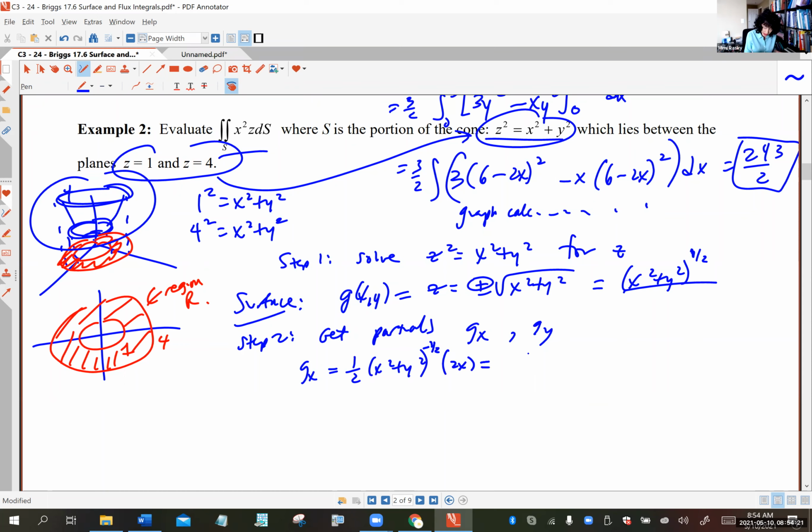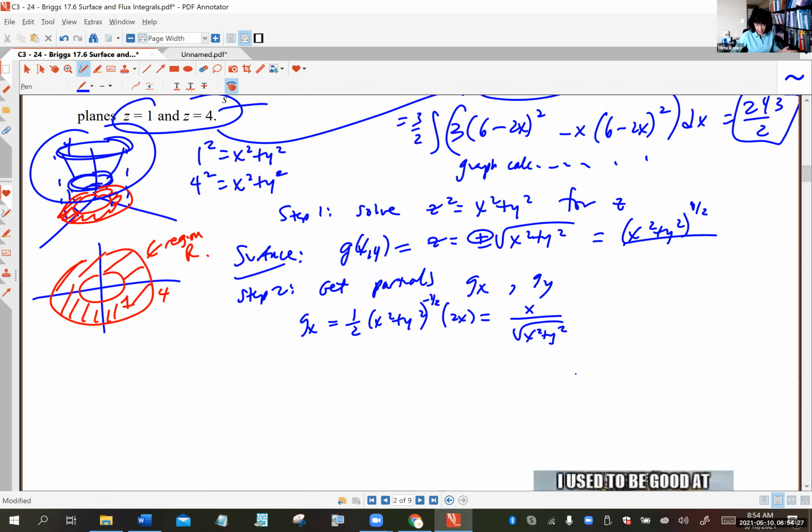And when I rewrite it and simplify, and I like to rewrite with positive exponents, I get the 1/2 power, which is square root, back in there. And g_y, similar chain rule going on here. And when I clean it up, reduce it essentially and rewrite it, okay, so then I get that.